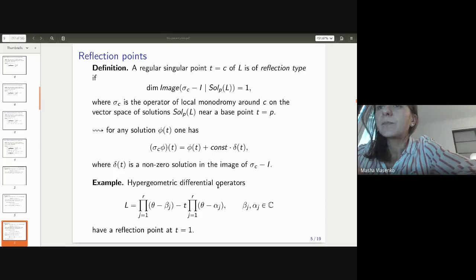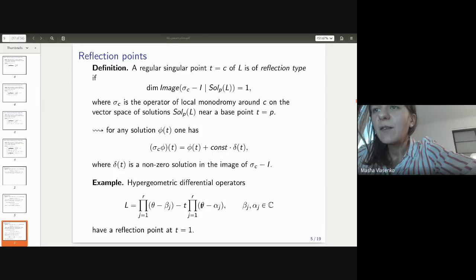For example, hypergeometric differential operators of any order, the order I will usually denote by r, and theta is, as usual, t d over dt. They all have a reflection point at t equals 1. You can see from this differential operator that near theta to the r, you have 1 minus t. It shows that the singularities are at 0, infinity, and 1.